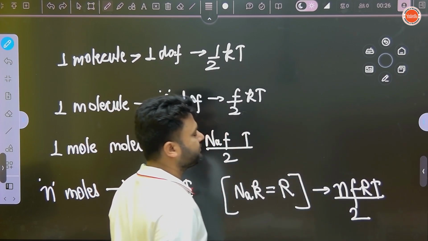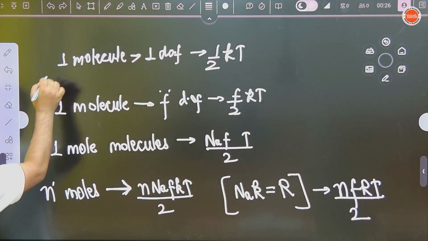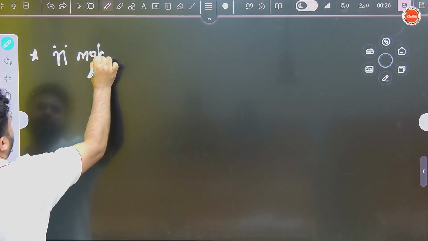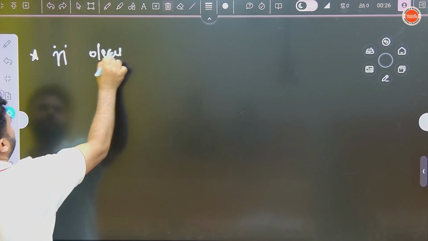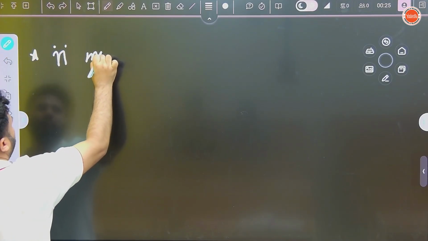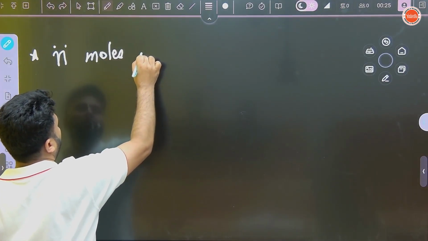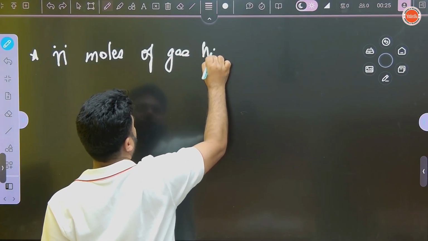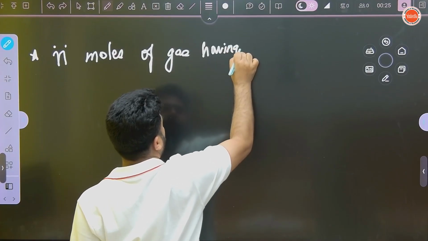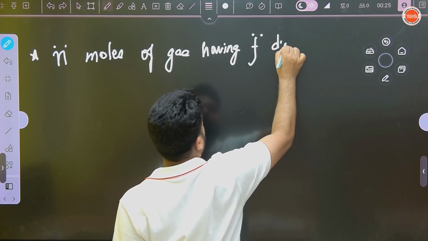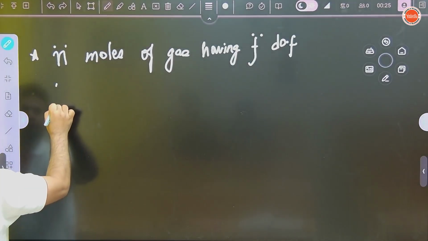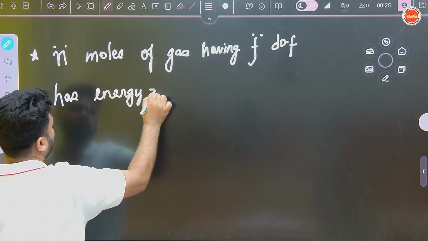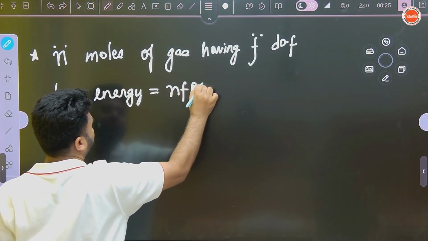This is important. N moles of a gas having f degrees of freedom has energy equal to n f R T by 2.